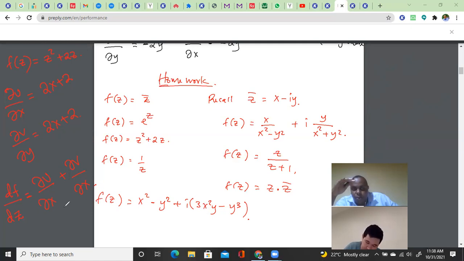Whatever we talked about earlier was checking if the derivative can be found. And now we are talking about the process of finding that derivative. So du dx is 2x plus 2 and dv dx is 2y. So 2x plus 2 plus 2iy, right? Yes, it's the derivative of our function.